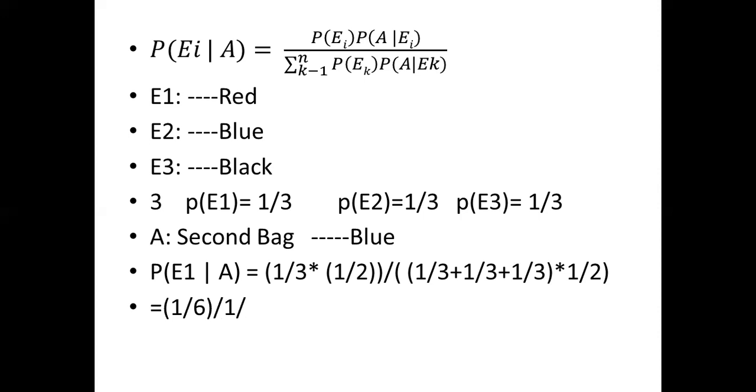So after simplifying this equation, I will get 2 by 6, which is equal to 1 by 3. That is the probability that I may get a blue ball during the second draw. Okay, clear with this?